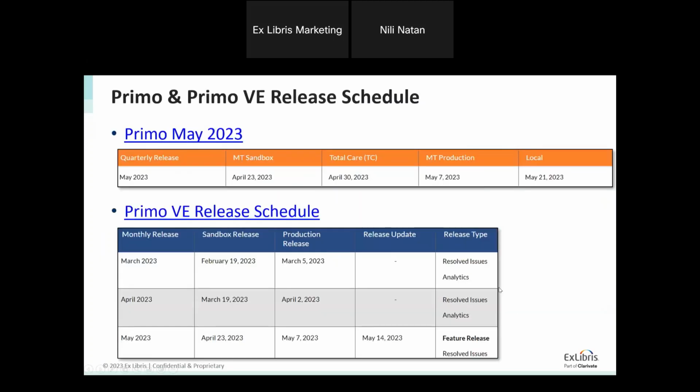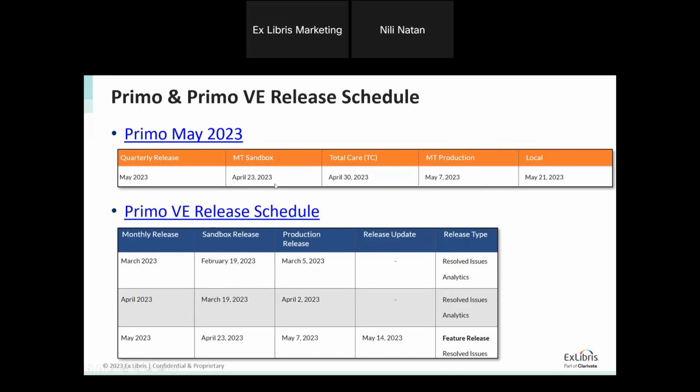Okay. Before we begin with each one of the highlights, let's just put you on the timeline. You are about to get the release this upcoming Sunday. So you will be able, on April 23, to get the release on your sandbox for your testing.